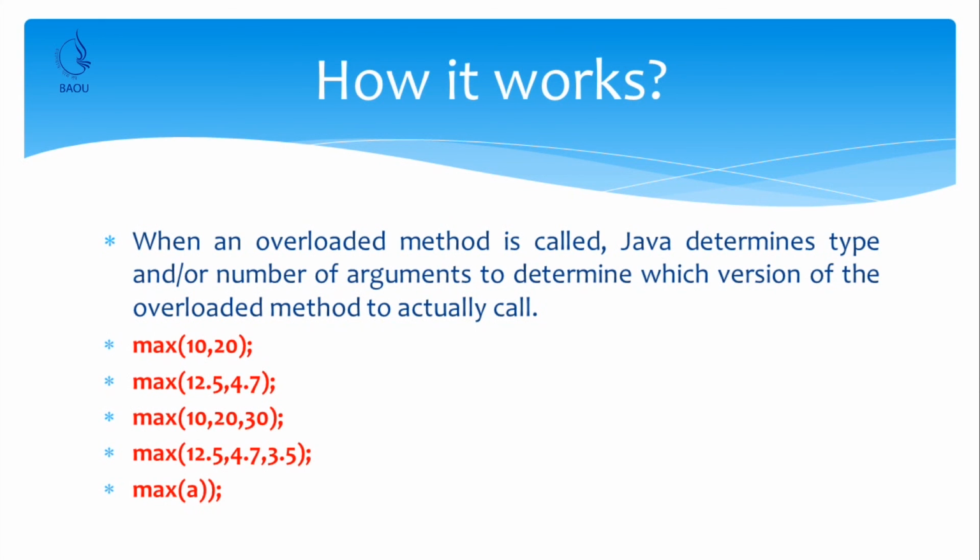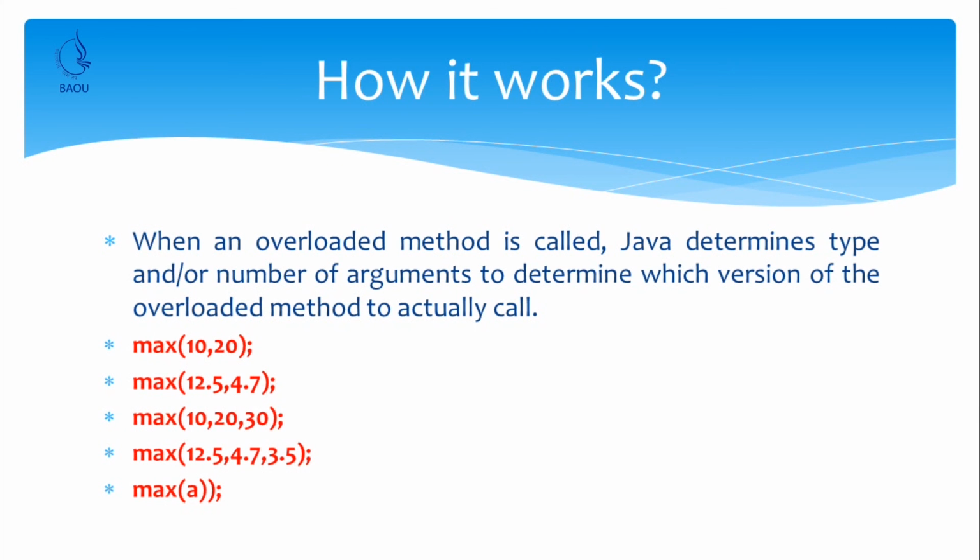So, as we discussed earlier, first the compiler checks how many arguments the overloaded method has. If the number of arguments matches and their types match, then the compiler will execute that definition.